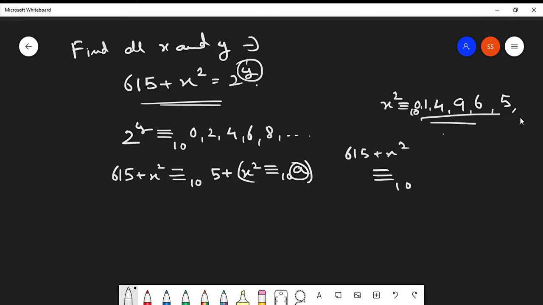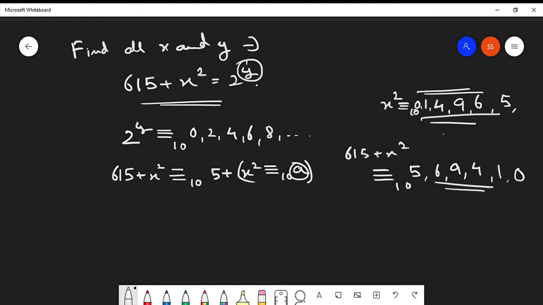We get 5 plus 0, that is 5, 5 plus 1, that is 6, 5 plus 4, that is 9, 5 plus 9, 14, that is 4, 5 plus 6, 11, that is 1, and 5 plus 5, that is 10, so 0. These will be the remainders we get for 615 plus x square.